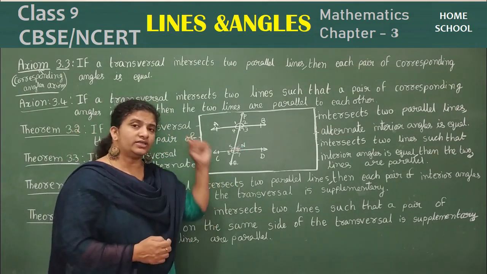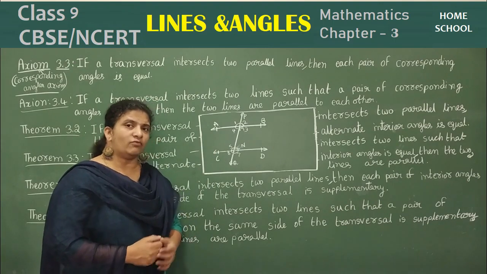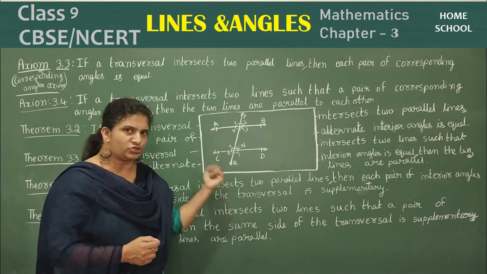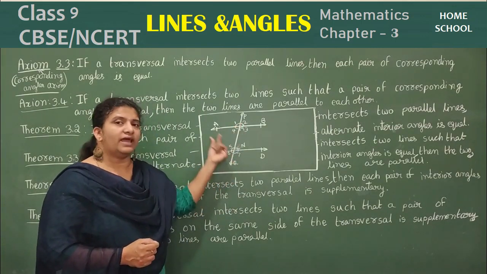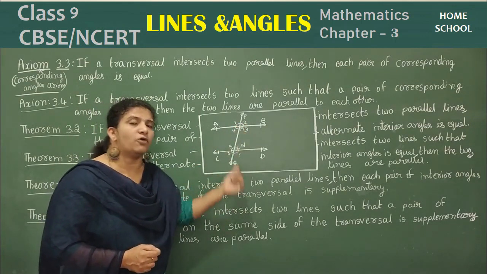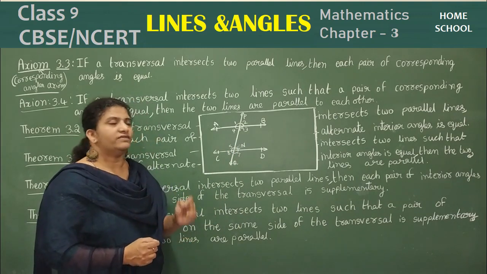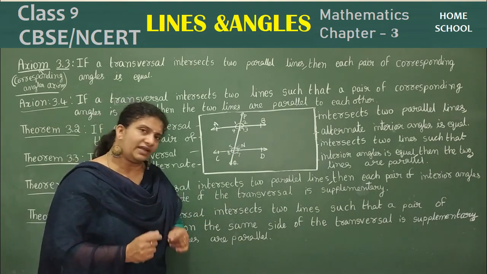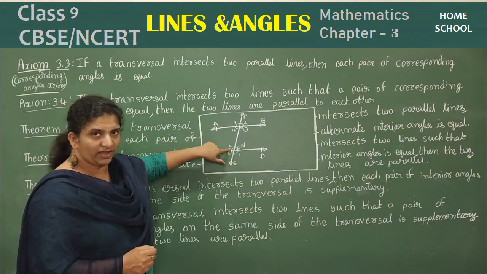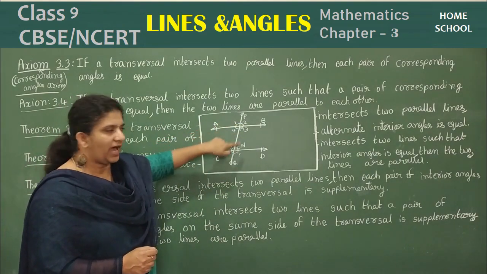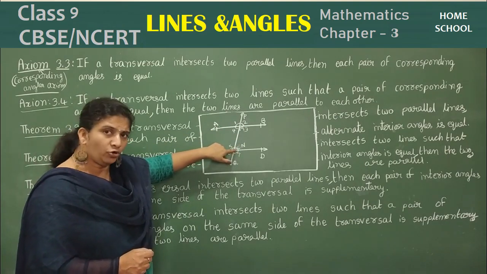According to this corresponding angles axiom, what is your statement? If a transversal is drawn on two parallel lines and intersects at 2 points, then it makes the corresponding angles equal. Which are the corresponding angles here? Identify, children. Angle 1 equal to angle 5. Angle 2, angle 6.